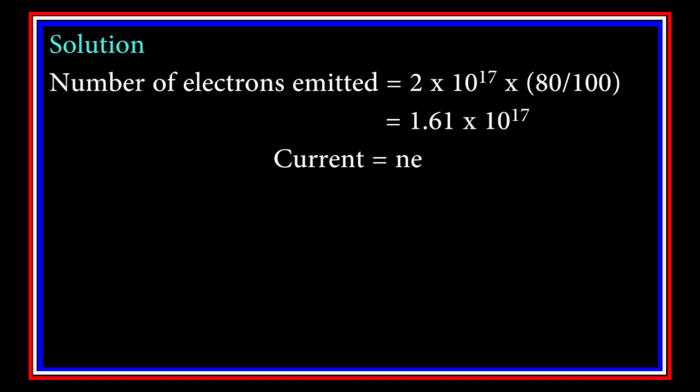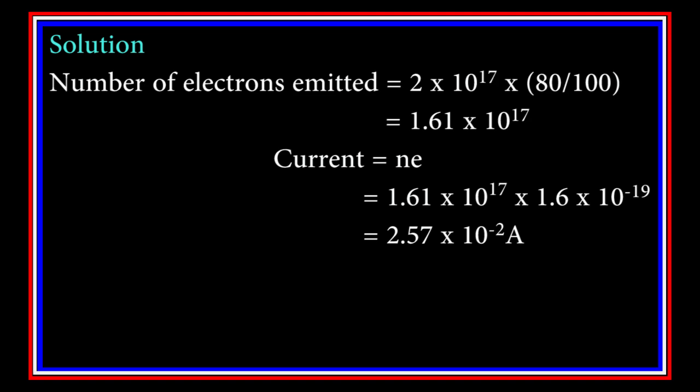Current is equal to ne, which is equal to 1.61 times 10 to the power 17 times 1.6 times 10 to the power negative 19, which is equal to 2.57 times 10 to the power negative 2 amperes.